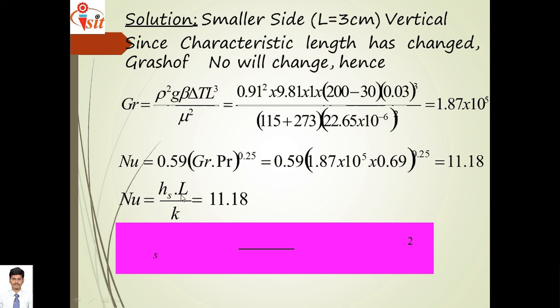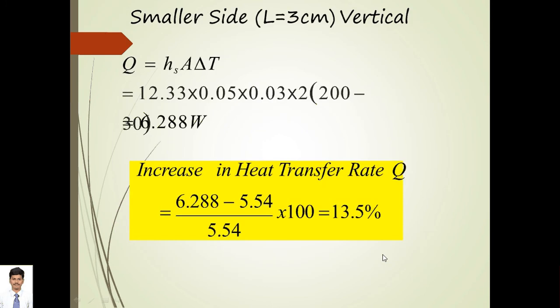Nusselt number is equal to hL upon K, so h is equal to 12.33 watt per meter square Kelvin, and find out Q is equal to hA delta T, which is here 6.28. So the increase in heat transfer rate is equal to (6.28 minus 5.54) divided by 5.54 into 100, which is 13.5%. So heat transfer is 13.5% more when the smaller side rather than the bigger side is vertically kept.